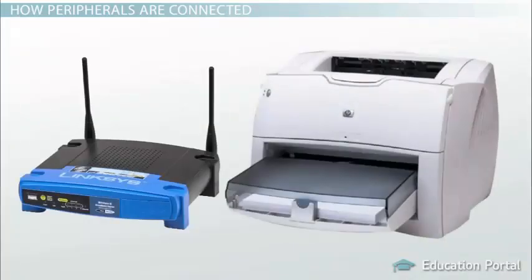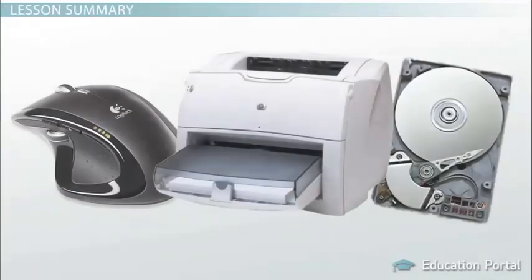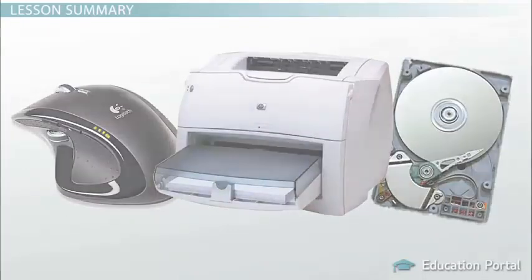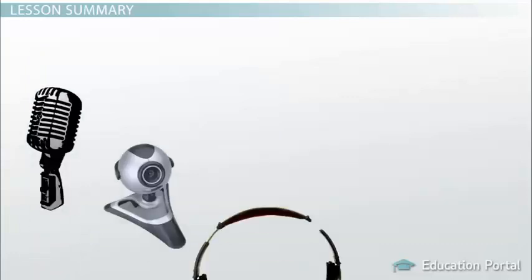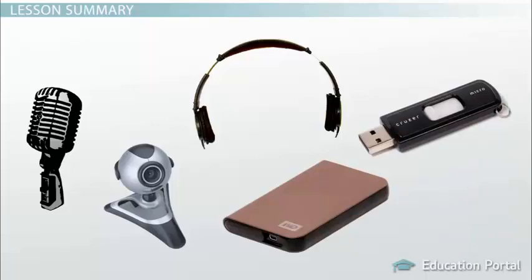If you've set up a wireless network at home or office, you may be able to use the printer wirelessly to print out, if they're both connected to the same network. Computer peripherals expand the functionality of your computer. Some are essential for the computer to properly function, such as a monitor and a keyboard. Others serve more specialized purposes but allow you to do a lot more with your computer.